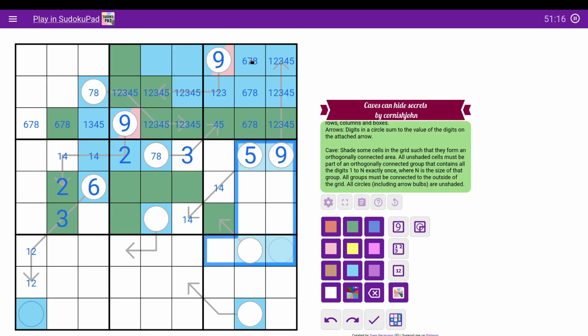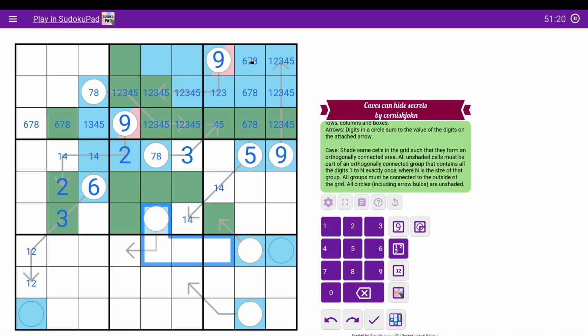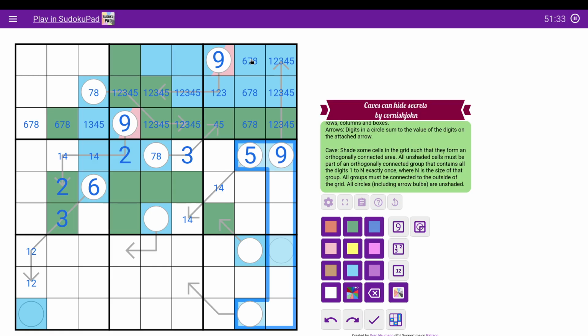Alternatively, this one works. Those are the 2 ways I see to do it. Let's do something like this. That's too many digits. What about this plus 1 more? That is possible.